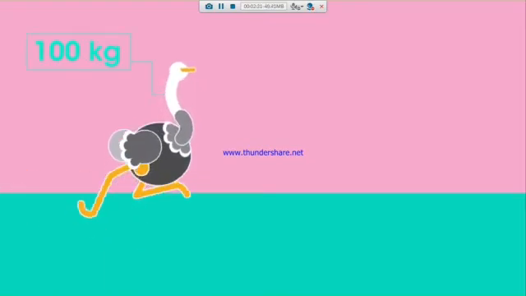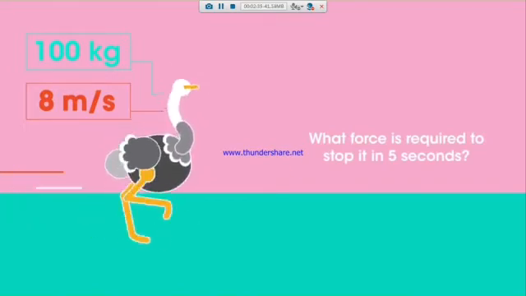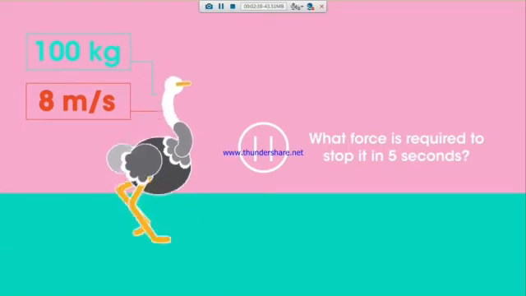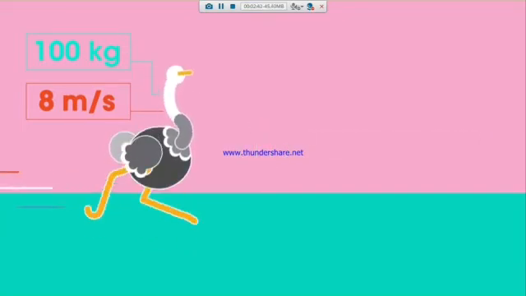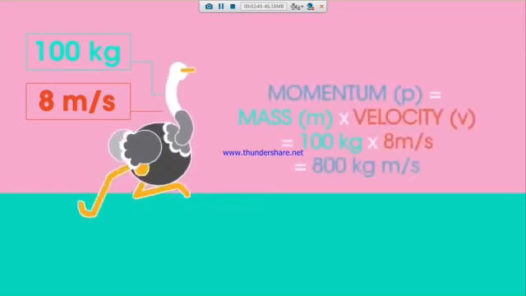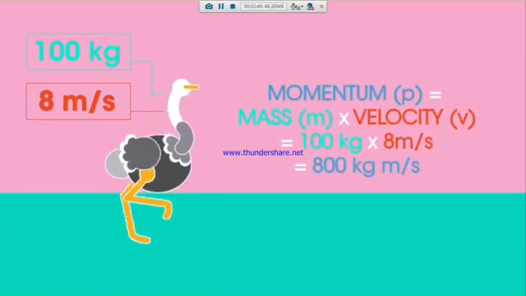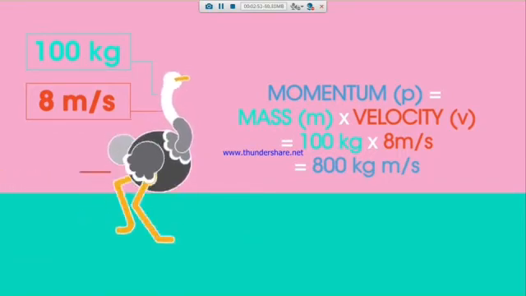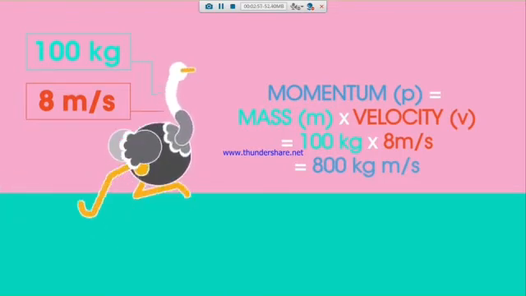Let's try this example. So a 100 kilogram ostrich is traveling at 8 meters per second. What force is required to stop it in 5 seconds? So first, we need to calculate the change in momentum. Momentum at start, or initially, equals mass times velocity, which equals 100 times 8 equals 800 kilogram times meter per second.